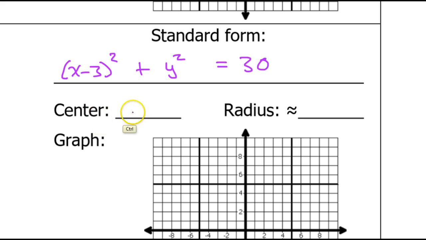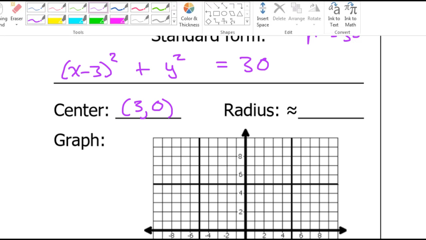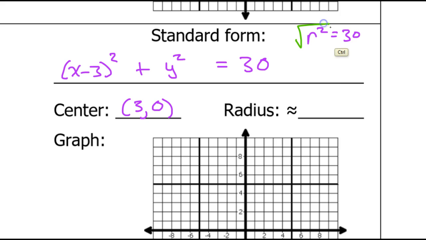Okay, so that tells me that the center will be the opposite of this, which is 3, comma, well, because there's no number here, it's just y, that's like y minus 0, so that's why I'm going to have 3 comma 0. Now remember, this 30 represents the radius squared. The radius squared is 30. That means if I want to know what the radius is, I need to take the square root of both sides.